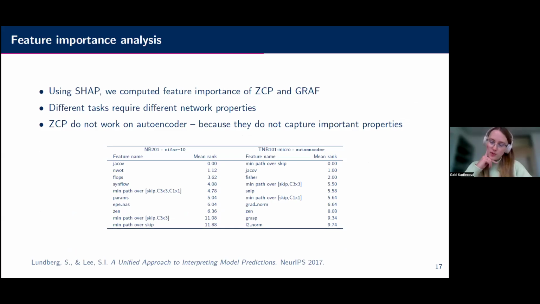If you want to interpret why GRAF works better on autoencoder than zero-cost proxies, we can look at feature importance. We used SHAP to get feature importance of every feature, like GRAF features and zero-cost proxies. It was the same random forest prediction, and I think these were 1000 training networks. What we can see, these are actually, except the average pooling, the same search spaces, but a different task.